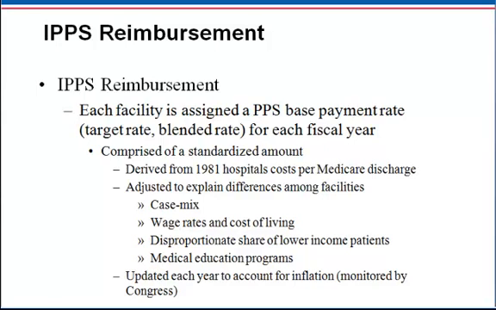The 1981 costs established the base year amount that were adjusted to explain differences among case mix, wage rates, and all those other provisions that come into play. The base year amount has been updated every year since 1981.